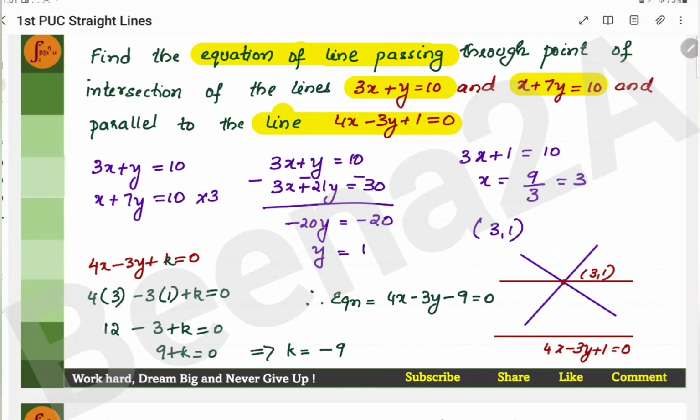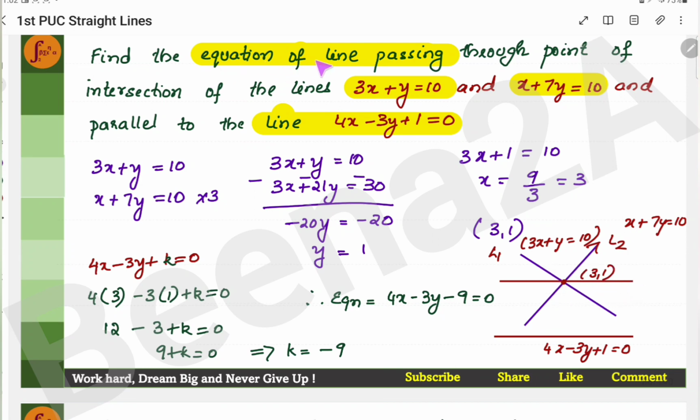Let's say this is L1, which is 3x plus y is equal to 10. Second line is L2, x plus 7y is equal to 10. And then there is a parallel line, 4x minus 3y plus 1 is equal to 0. There is a line which is passing through the intersection of these two lines.